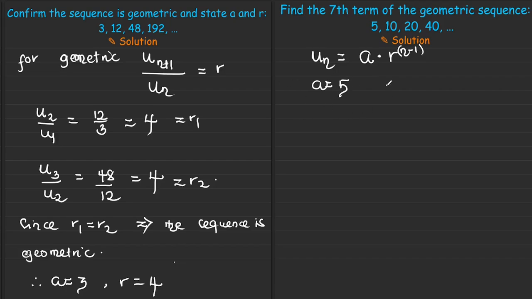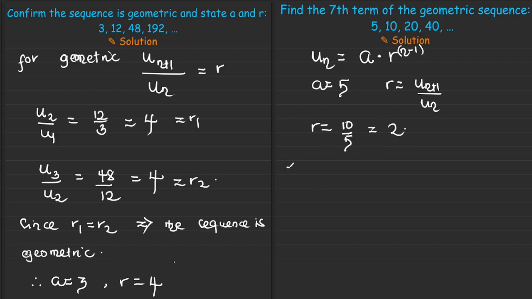And all we need to do is to solve for r. We know r is obtained by dividing u of n plus 1 by u of n. So that is going to be our r, giving us the second term divided by the first term. So 10 over 5, which gives us 2.